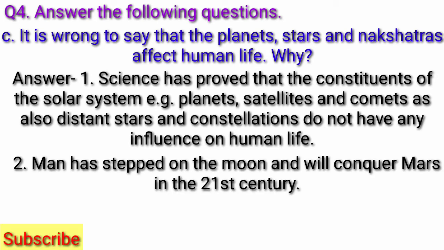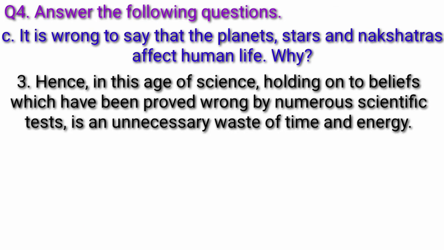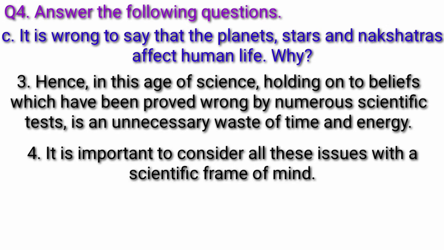Man has stepped on the moon and will conquer Mars in the 21st century. Hence, in this age of science, holding on to beliefs which have been proved wrong by numerous scientific tests is an unnecessary waste of time and energy. It is important to consider all these issues with a scientific frame of mind.